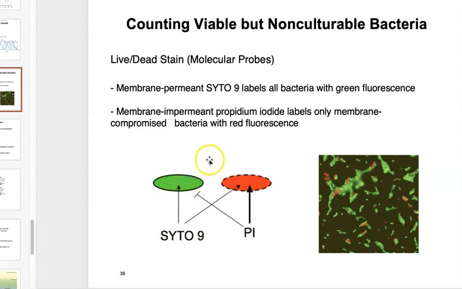Sometimes you get an intermediate, like an orangey looking cell, where there's a little bit of this and a little bit of that coming together, the green and the red making an orangey cell. You can imagine the cell's probably on its way out. But in this mixed consortium, you can see clearly red and green cells. The live cells are predominant, and then some dead cells throughout. So it's a great way to give you a sense of what the population dynamics look like in a complex consortium.